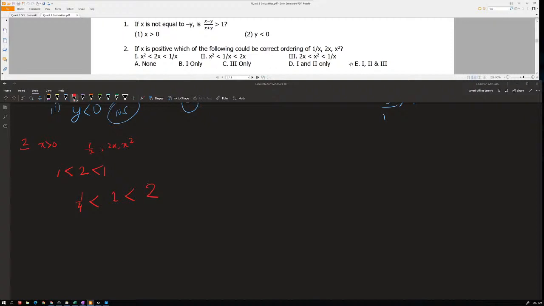If it holds, then we check the others. The third condition is 2x, x square, 1 by x. Now here it is a tricky condition where it is talking about x square. So we have to take such a value. Again, let's take 1 by 2 here. It will become 1 is less than 1 by 4, which is anyways wrong.